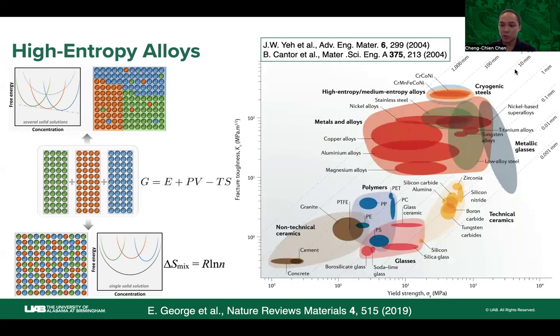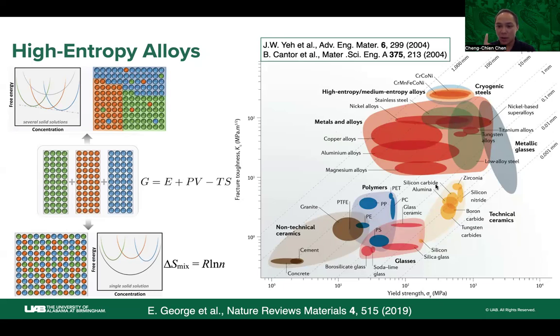So why do we care about these high entropy materials? Here I'm showing a scatter plot as a function of the fracture toughness and the yield strength for different families of materials. And this red region is common metals and alloys.